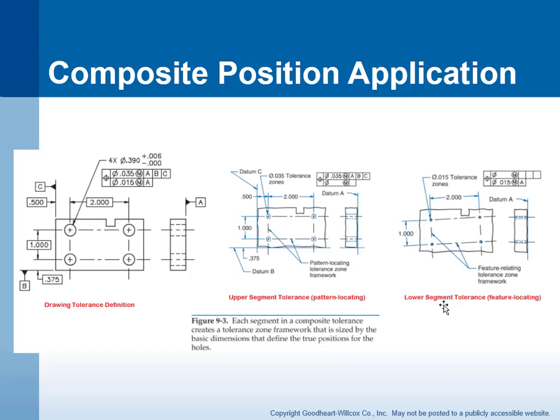You can have a little bit more tolerance in where that meter is located, but once the pattern location of those holes is found, then you have to have a tighter tolerance to make sure that the mounting screws that hold that meter to the panel are going to be in the right position. So this is what it's saying here. We have this set of 4 holes, and the relationship of the holes to each other has to be tighter than the relationship of the four holes back to their datum reference frame. So this is how you apply a composite position tolerance.